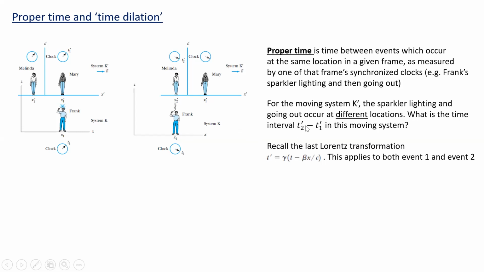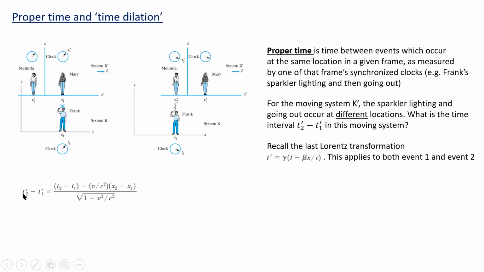So to find t2 prime minus t1 prime, we apply this transformation to both the lighting, which is event 1, and the extinguishing, which is event 2.